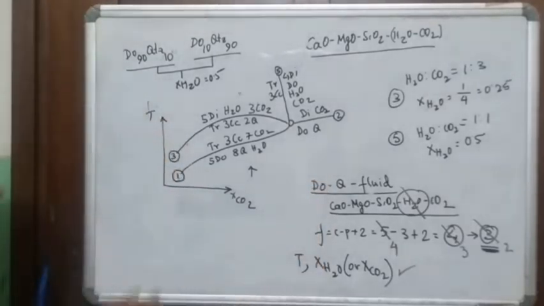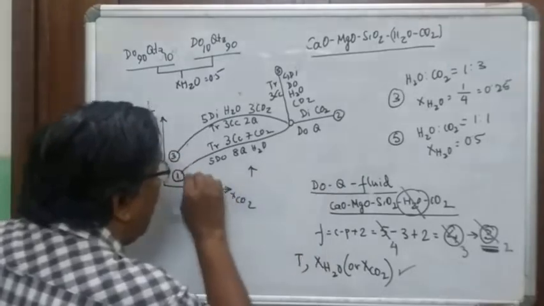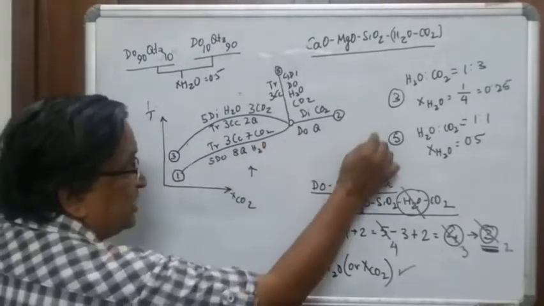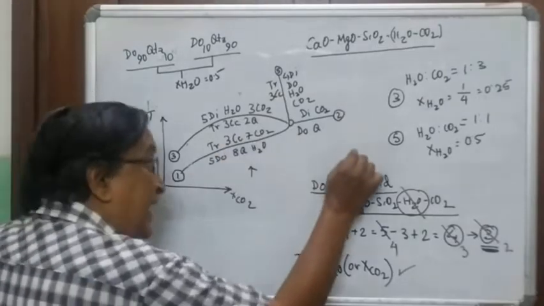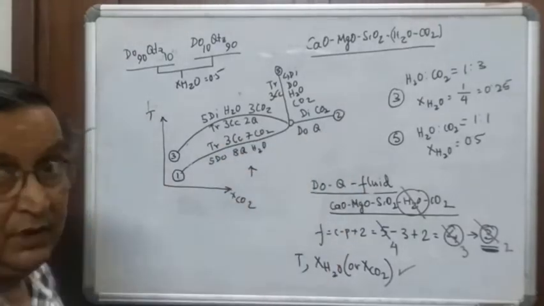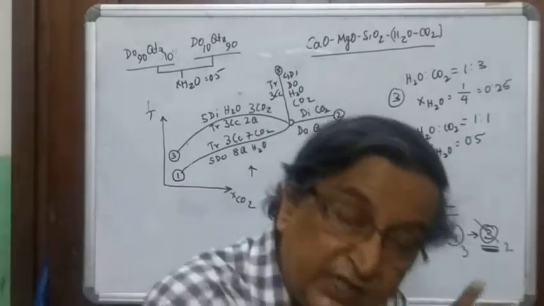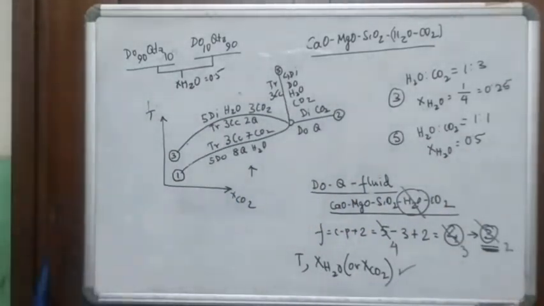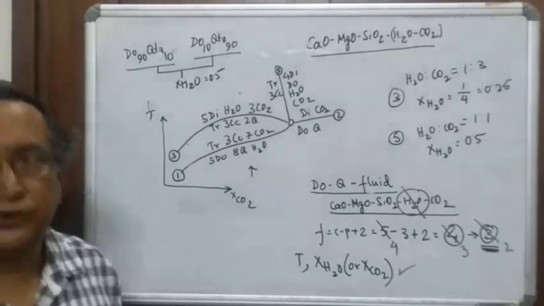You have to assign both to find where you are in this diagram. In this part of the diagram, you need to fix both temperature and XCO2. That is very, very important.